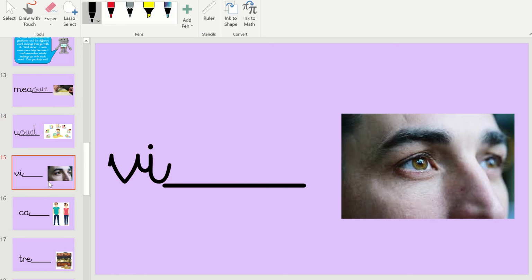Right. Let's have a look at this one. Can you remember what the last ending part was for this one? Oh, I think I know. This picture, the man's looking, and when he can see things clearly it's his vision. Vision.